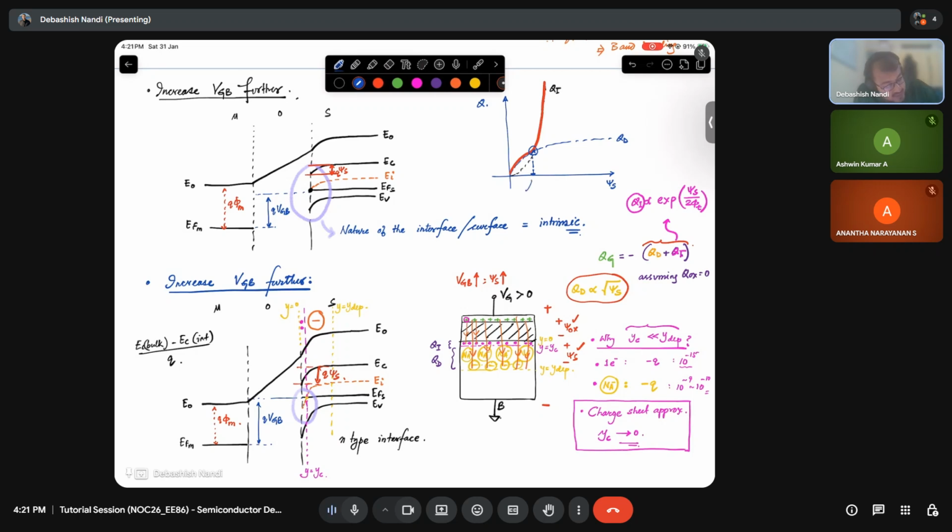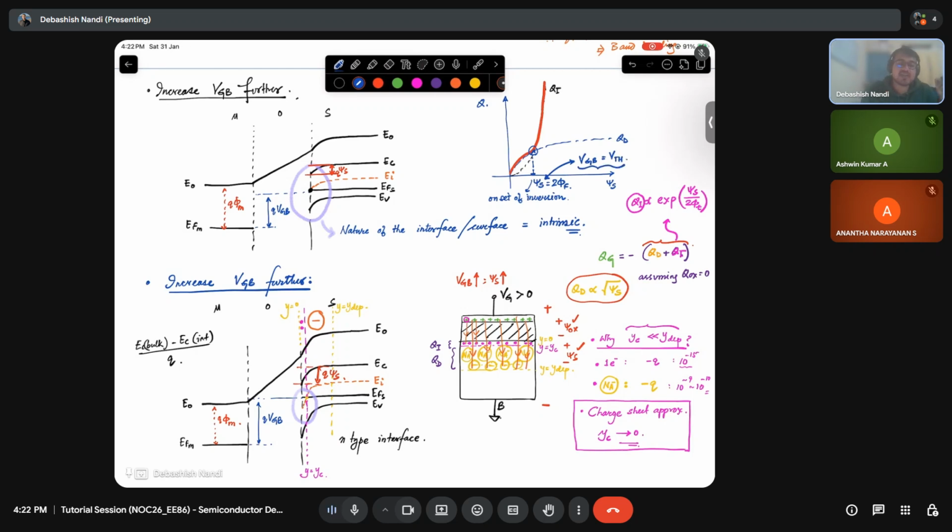We call this point the onset of inversion, and let's say this is my psi s equal to 2 phi f that we have discussed yesterday, right? And the corresponding gate voltage VGB will be equal to the threshold voltage.